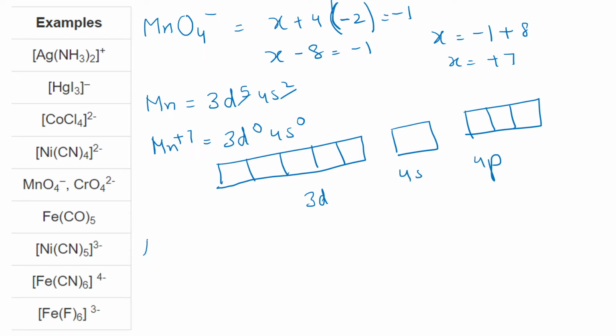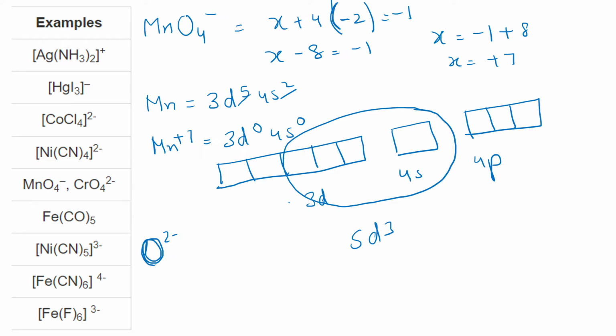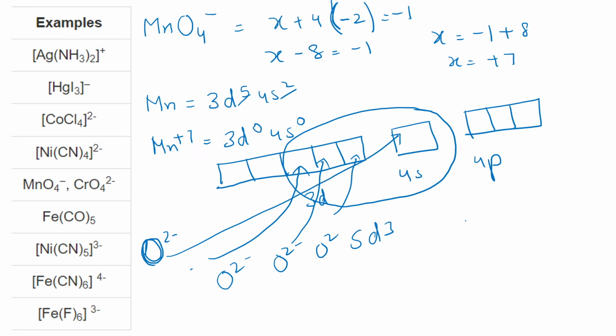How many ligands are coming? This oxygen O2 minus oxide ion is coming. So how many of them are coming? 4 of them are coming. So since 4 of them are coming, we'll be needing the hybridization. Hybridization will be including the empty d orbitals. So in this case, the hybridization will be sd3. In these hybrid orbitals, 4 O2 minus ligands will donate their electrons and form a covalent coordinate bond.